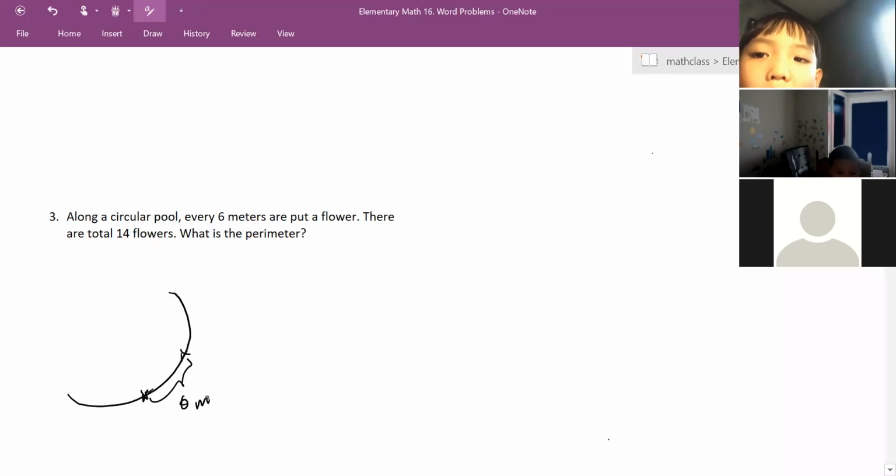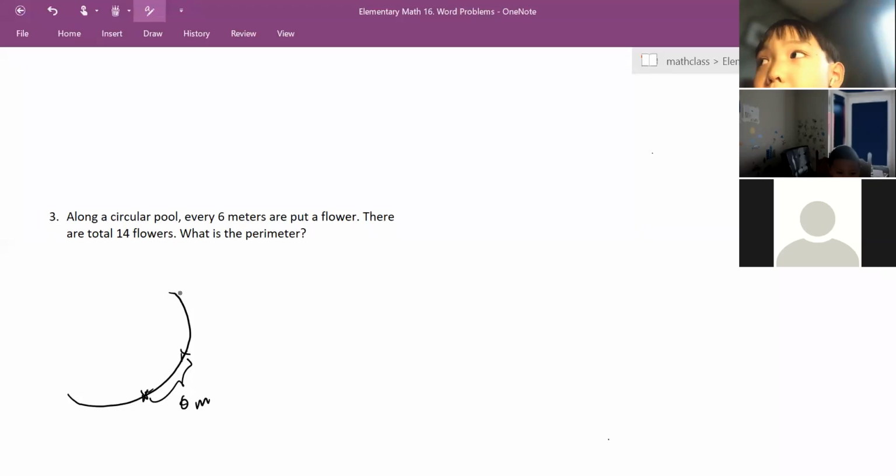Okay, that's 6 meters, the distance. So the question is, what is the perimeter? Okay, I got 2 different answers now. Okay, I got 3 different answers. So that's what we have to think about.